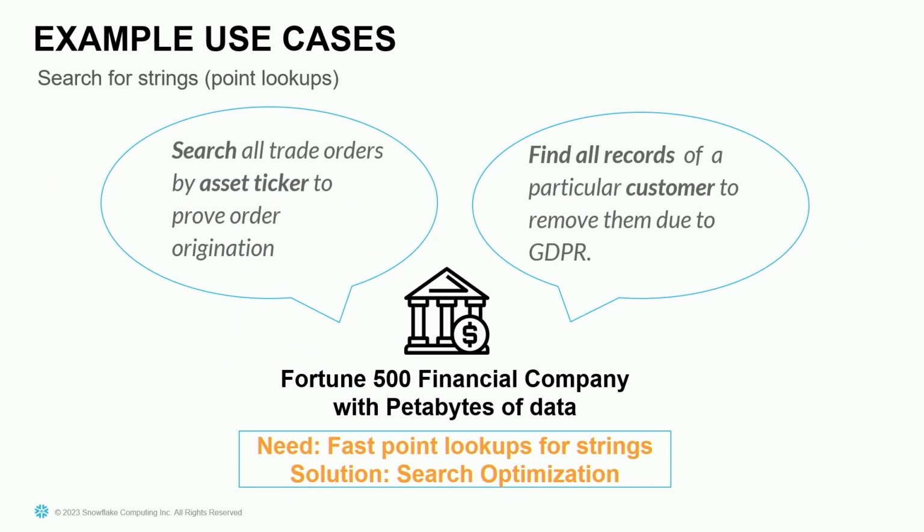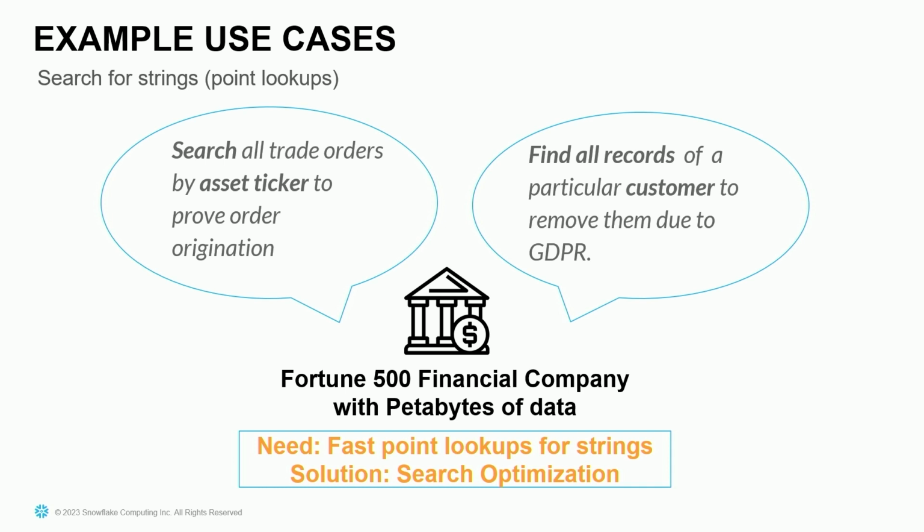Let's also look at a couple of use cases where search optimization really shines to put this into picture. For example, we have a Fortune 500 financial company who has petabytes of data. Here are a couple of things that they wanted to do with their data. The first use case is amongst all their trade data, they wanted to find a few trades that match a certain criteria during dispute management.